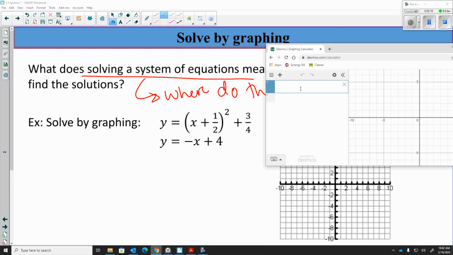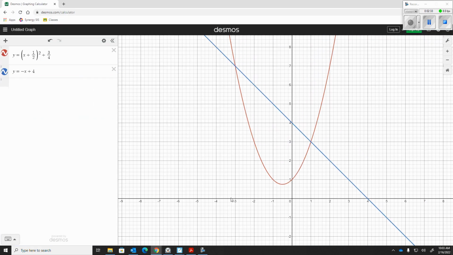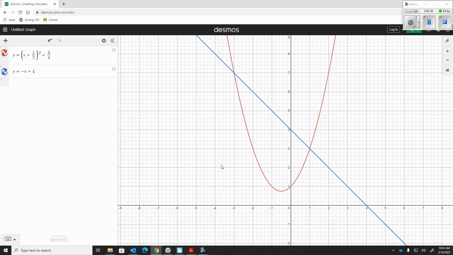So I'm going to type them. y equals (x plus 1/2) squared plus 3/4. Okay, so there's one of them. And then I'm going to graph the other one. y equals negative x plus 4. Okay, and now what are we looking for?